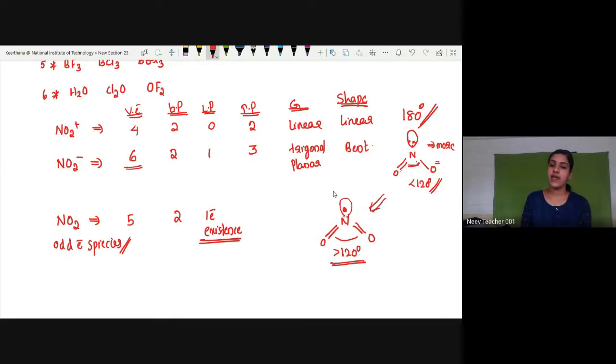Actually its bond angle is something like 134, approximately 134.